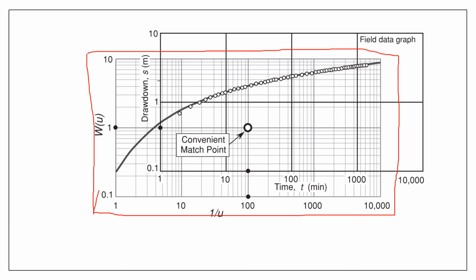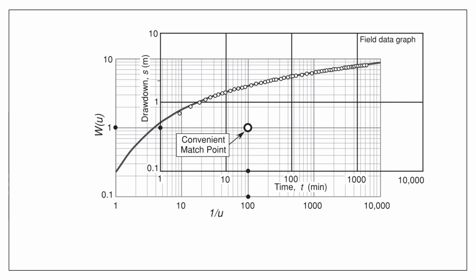So they are sort of ideal curves which represent different well conditions. So we take these ideal curves, and then we try to overlay them on the data plot.